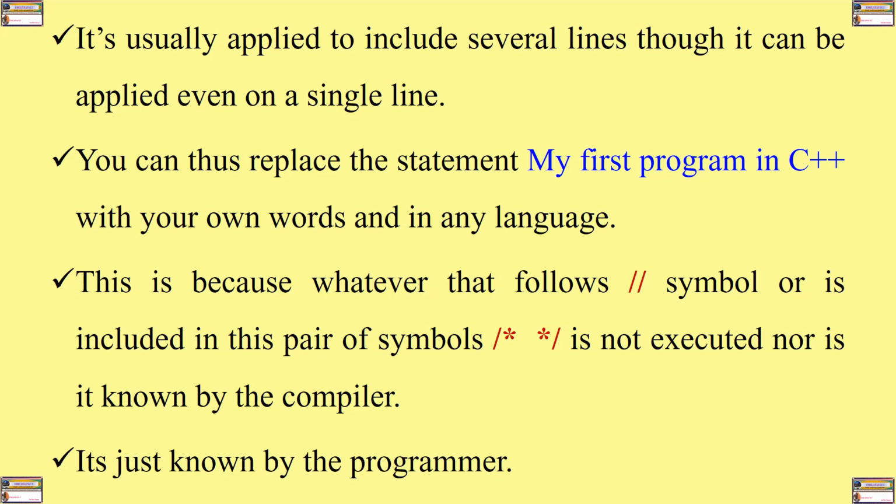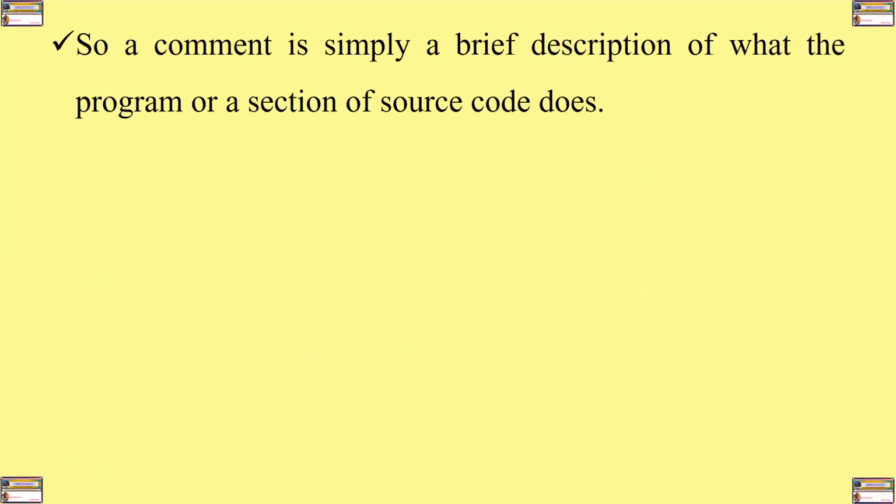So whenever you want to have comments within your program, if it is going to occupy a single line, you use a pair of forward slashes. If you want it to occupy more than one line, you use the block comment symbols, which are forward slash followed by asterisk. And then once you are through with writing your comment, you write asterisk and forward slash to mark the end of the comment.